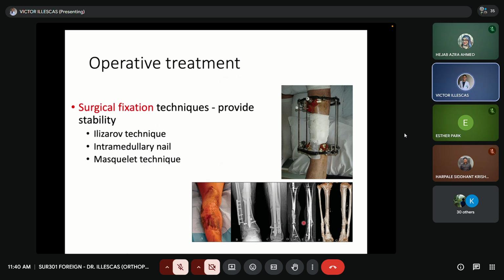So you cannot place an implant inside the bone if the bone is infected. So you can only place external fixators to provide stabilization. When we are talking infections, you think of three things: debridement, IV antibiotics, and stabilization. Okay?